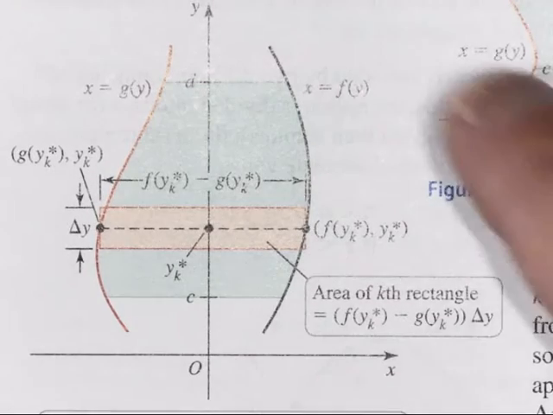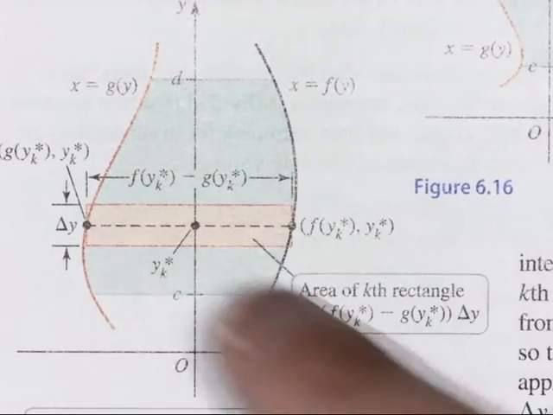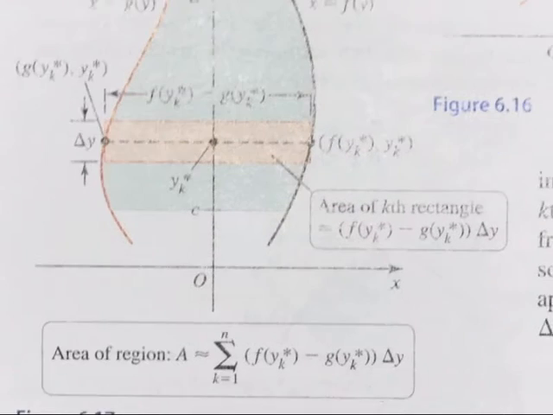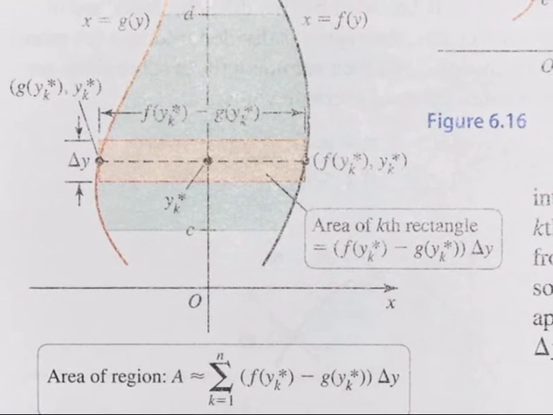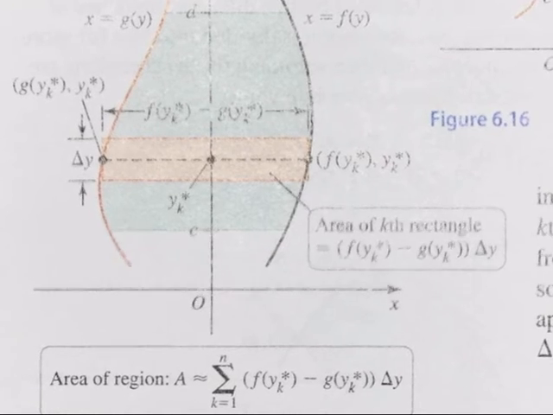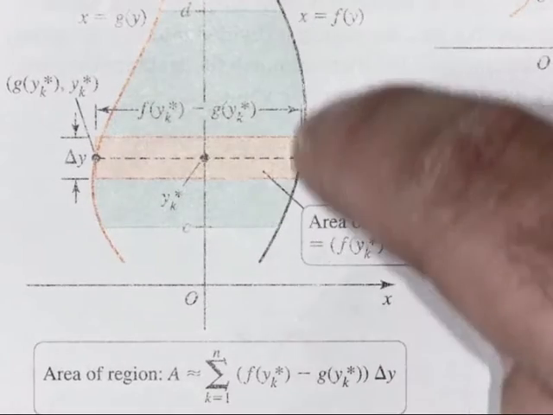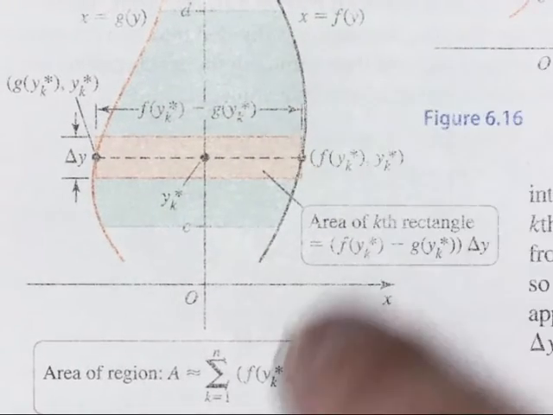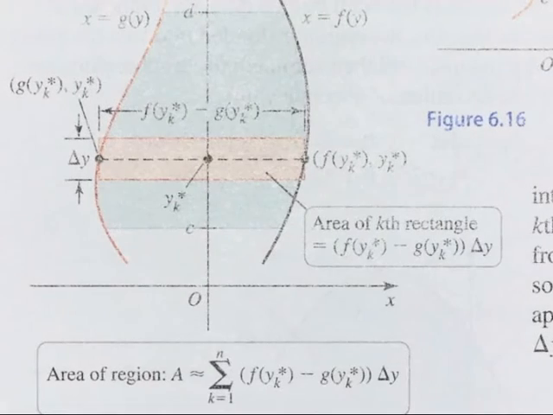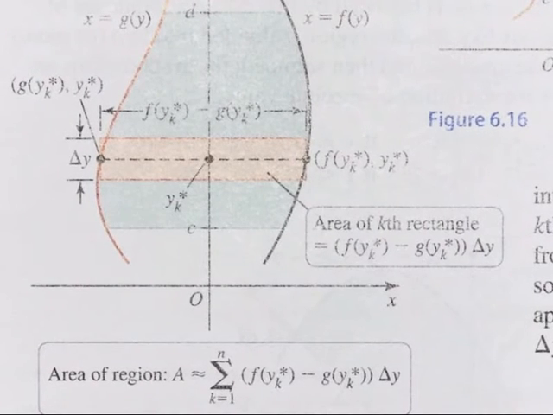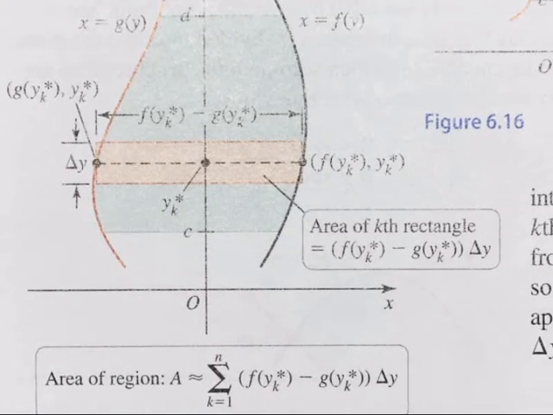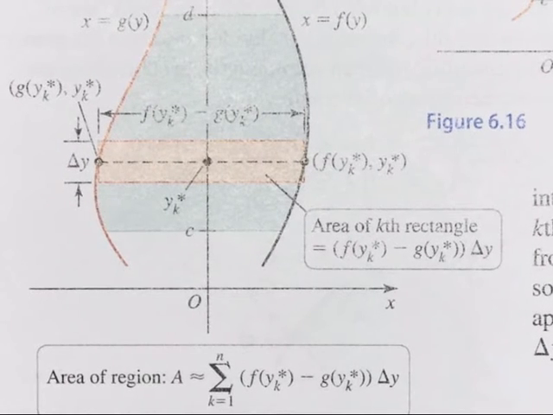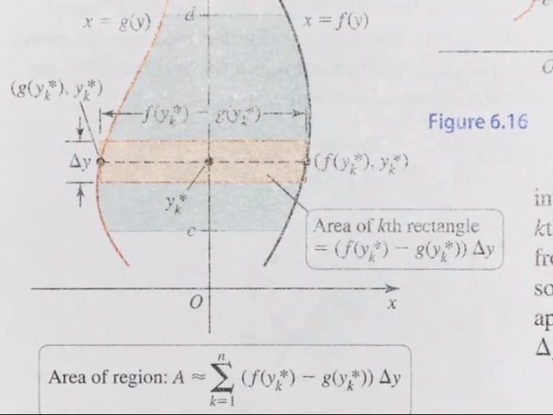And then we still want to find the length of that rectangle, and that's found by taking the rightmost function minus the leftmost function. So once again we get a positive value. That's why it's f of y minus g of y. And delta y once again is the width.